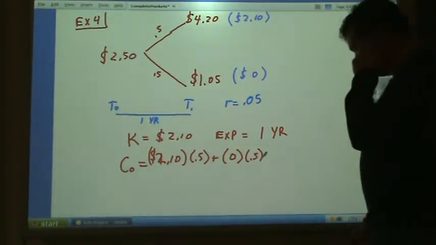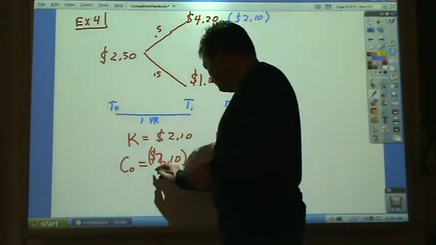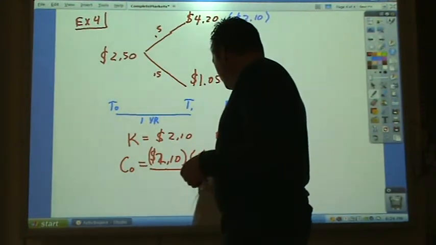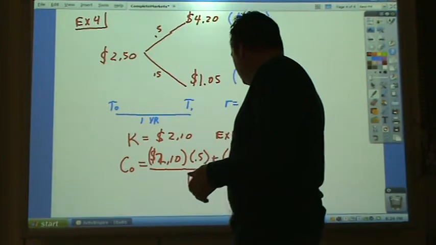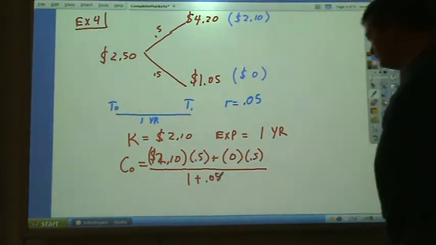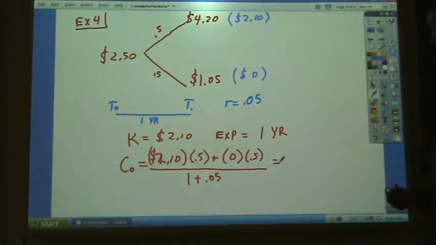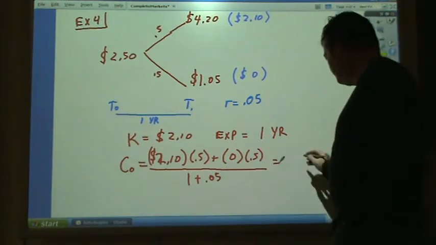So how do we subtract off interest? We could just go like this, right? Divided by 1 plus r, which is 0.05. And so what would this equal? This would equal $1.05 plus 0 is $1.05.